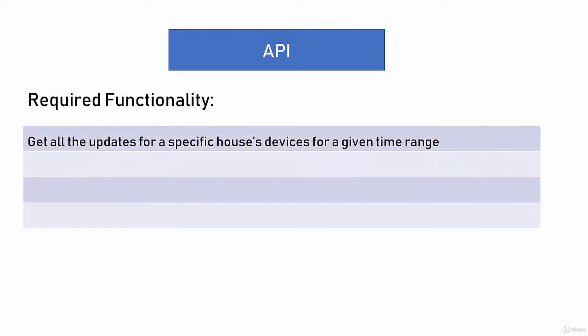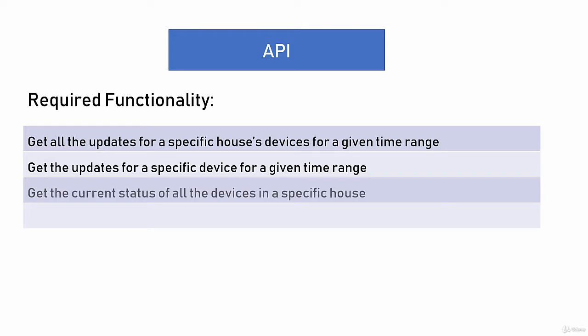So that means our API should have the following functionality. One, get all the updates for a specific house's devices for a given time range. Two, get the updates for a specific device for a given time range. Three, get the current status of all the devices in a specific house. And four, get the current status of a specific device.